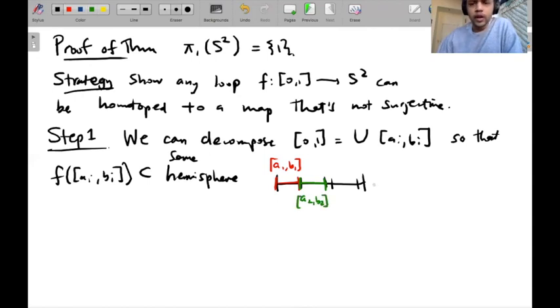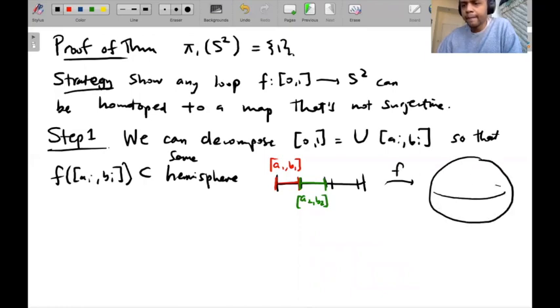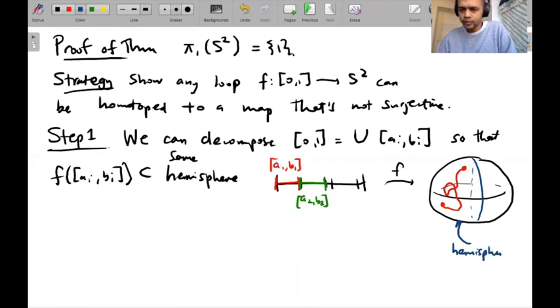So that if we look at the image of this interval under this map F, then whatever happens on this first little interval, it's contained in some hemisphere. So here's some hemisphere containing the image of this. Yeah, so this is F of A1 to B1.